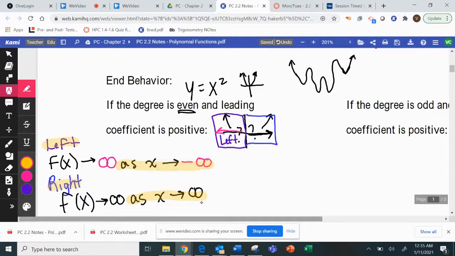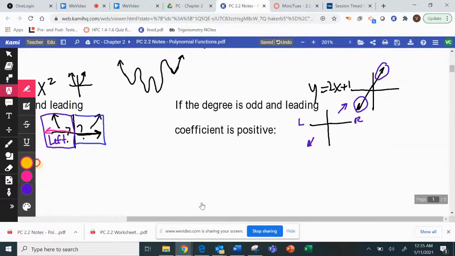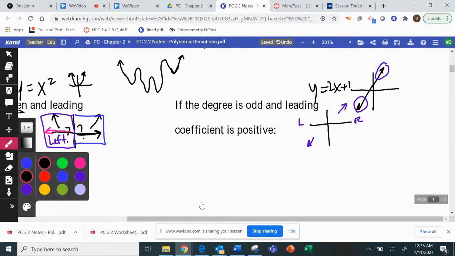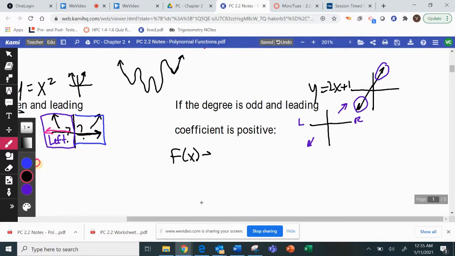So let me write the next one. We're going to start with f of x is approaching. Now I'm looking on the left side. It's going down, so negative infinity. As x is approaching, now every single time x on the left side is going to be approaching negative infinity. Then we've got f of x.